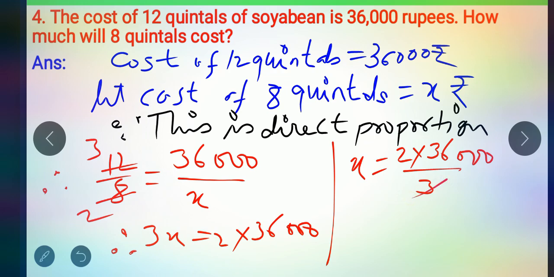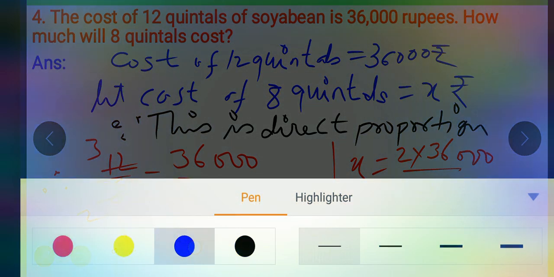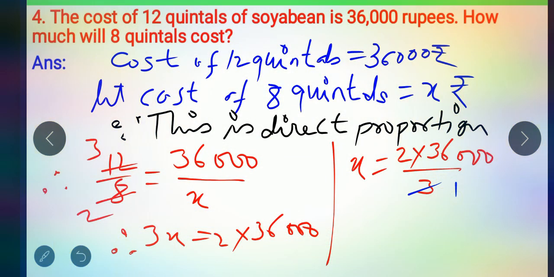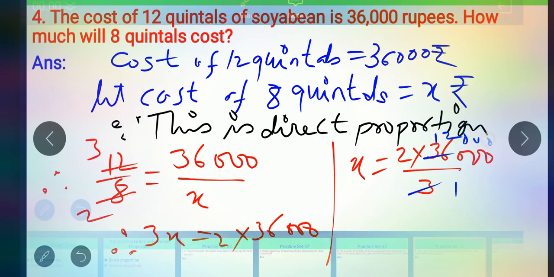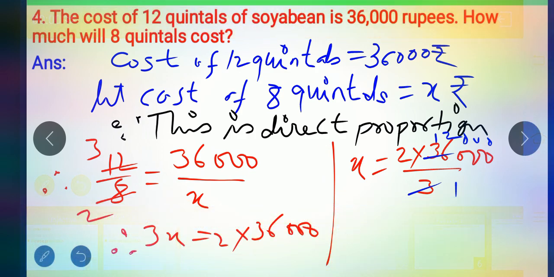Students, 3 ones are 3, 3 twos are 6. I'll use the other color, students. You will understand it in a better way. 3 ones are 3, 3 twos are 6, 12, and these 3 zeros as it is. We'll get 12,000 over there. Now 12,000 into 2 we will multiply.